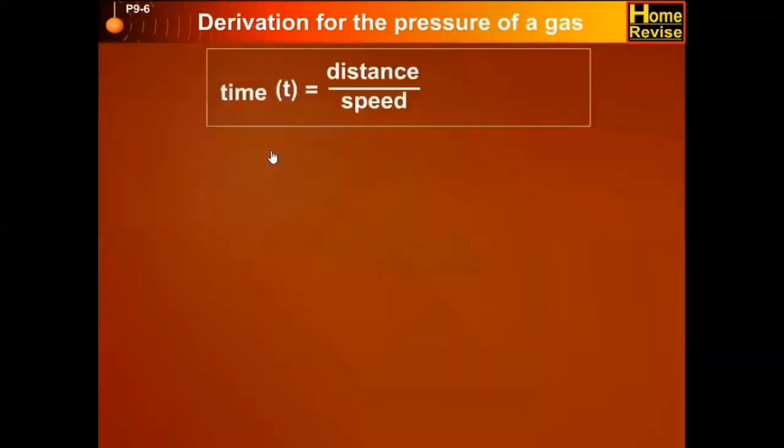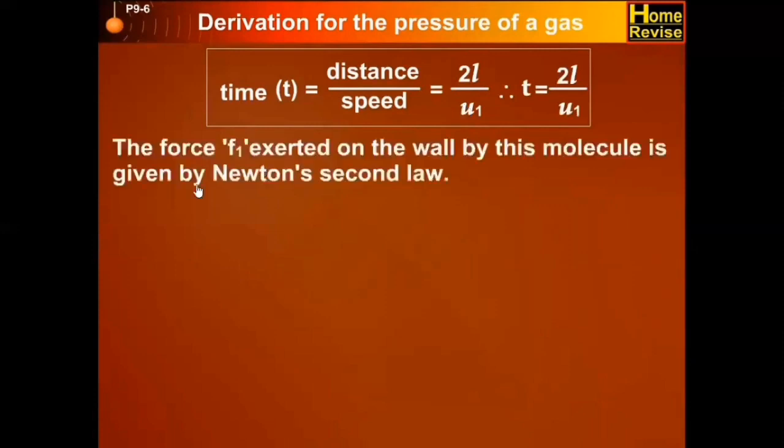Then the time t is equal to distance by speed, that is 2L by u1, where u1 is the velocity in the x direction. So t is equal to 2L by u1.